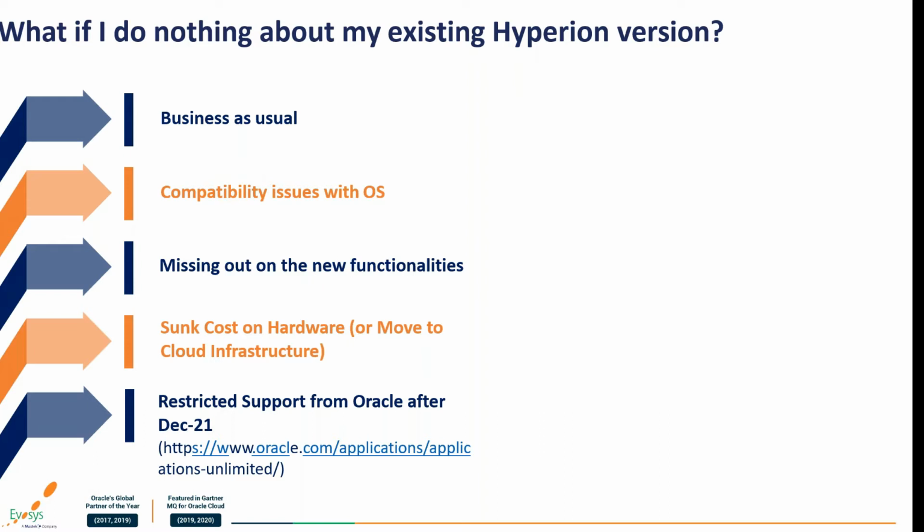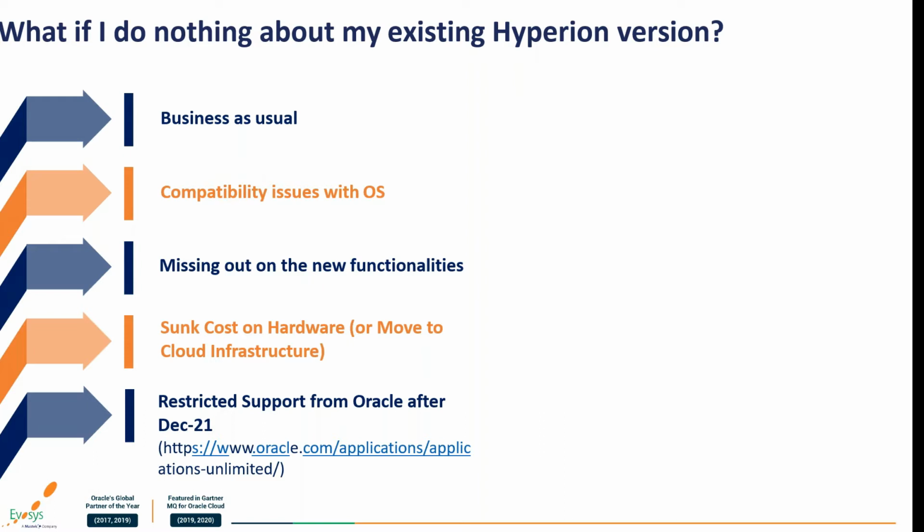Hyperion as an application and product has evolved significantly, and I'm certain some of you may have taken a look at cloud or the latest versions of the application. So there is a lot that Oracle has included, and you would be missing out on those new functionalities. Not that all the new functionalities would be important for you or would work for you, but some of them are quite good, and I've seen a lot of our customers taking a lot of benefit out of it. So that's one point that you would miss out on.